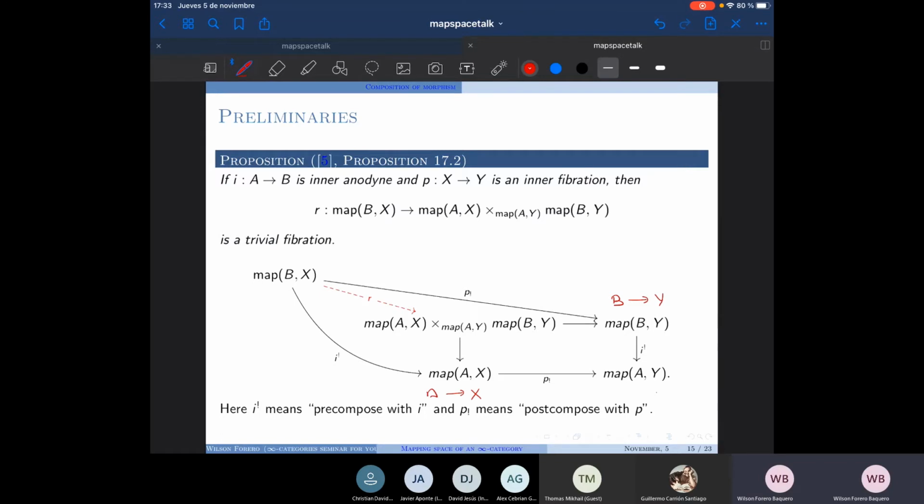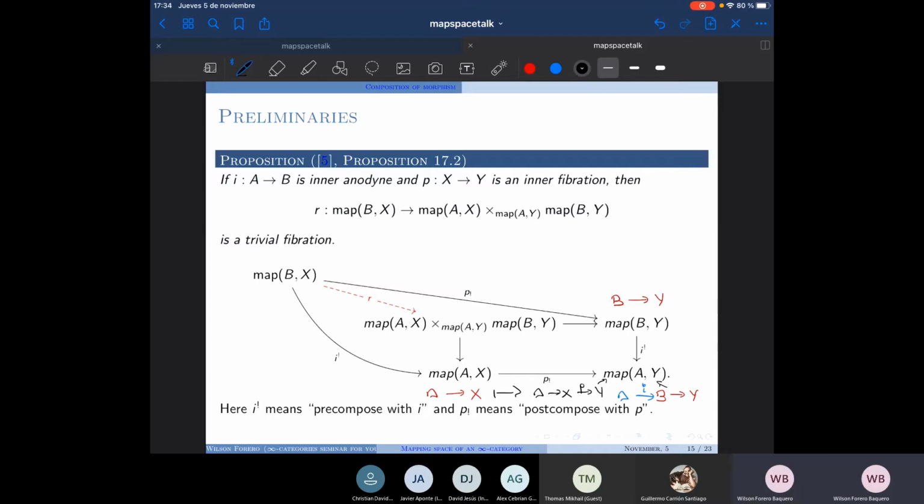Why? Because if we have B to I, we just precompose with i. Okay, now if we have A to X, p lower star means post-compose. So what does this mean? Well, it's just A to X, and after that we apply p. Okay, so this lives in the mapping space from A to I.